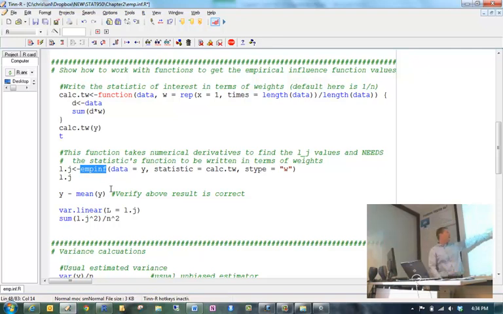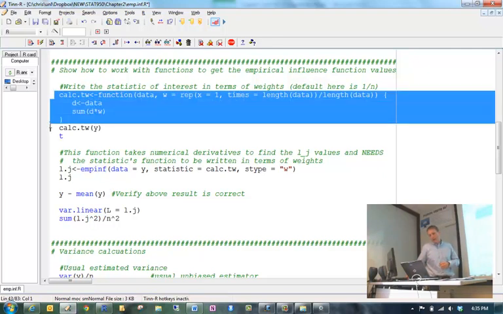As you might expect, there's an argument called data. You pass in your vector of data. There's an argument called statistic, where you write a function that calculates your statistic. But this function has to be written in a different way than what we've seen before. You might be thinking, why don't you just put in your usual calc.t function? That doesn't quite work here.